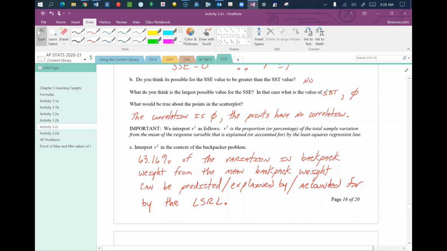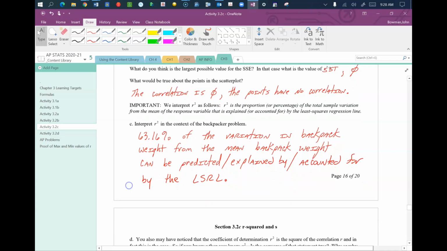You don't have to say it in that complicated of a way. So in the backpack context, we could say something like this: 63.16% of the variation in backpack weight from the mean backpack weight can be predicted or explained by or accounted for by the least squares regression line. That would get you full credit if you're asked to interpret R squared.